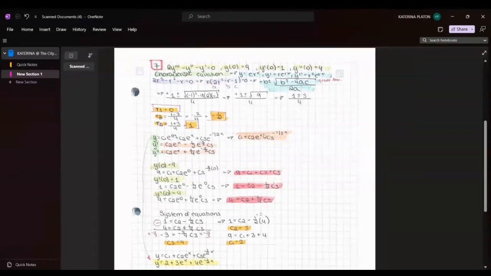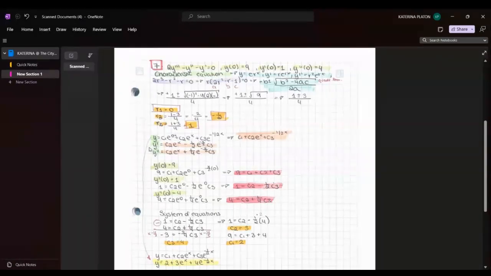C2 e to the power of x stays the same. C1, since it's just a constant, cancels out. And then we bring negative 1 over 2 to the front, and we get c2 e to the x minus 1/2 e to the negative x over 2 c3.